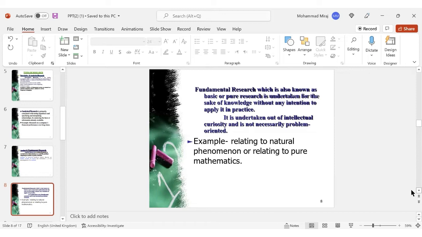From this fundamental capacity, we take out the important part, which is intellectual curiosity, and from there we try to understand the impact of these factors over the phenomenon. This is also a difference between applied research and fundamental research.